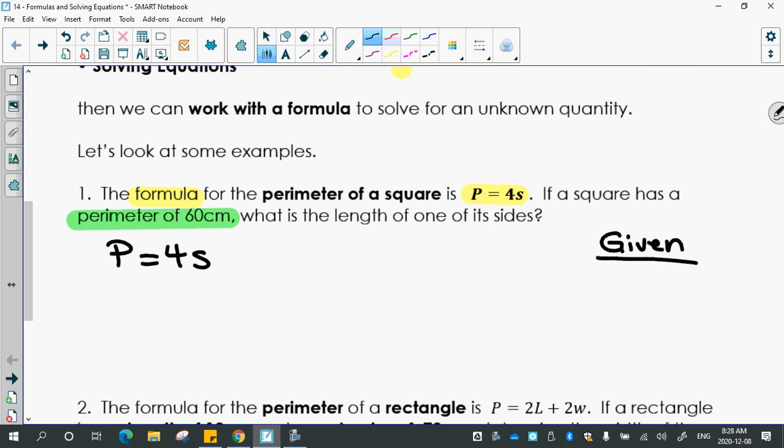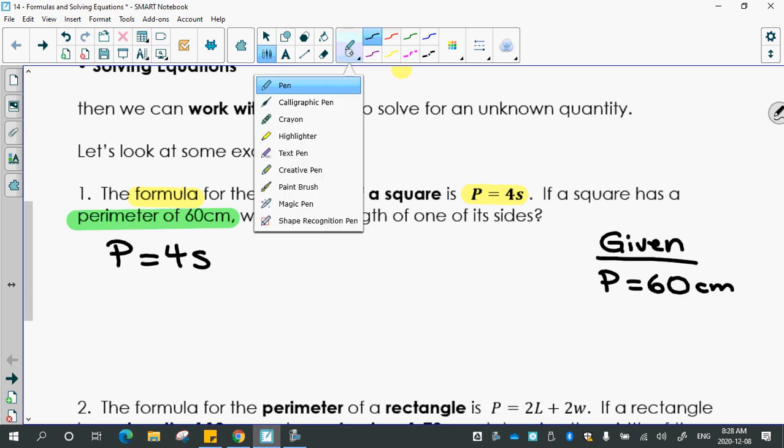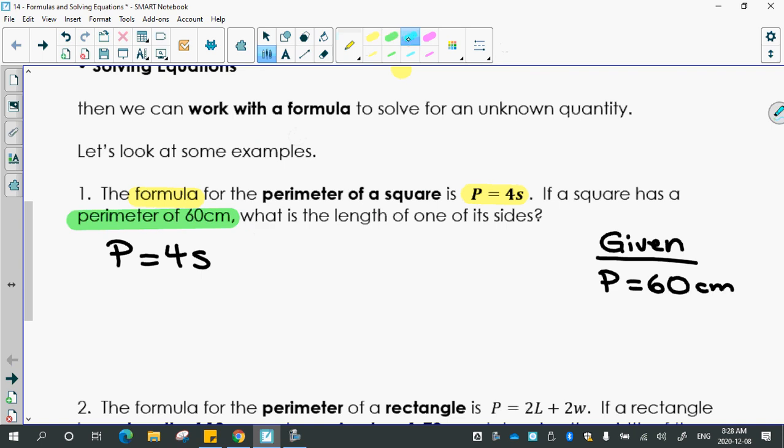So I just read perimeter, or P, is 60 centimeters. What is the length of one of its sides? So that's telling me they want to know S. Okay? So they give me P and they want to know S.